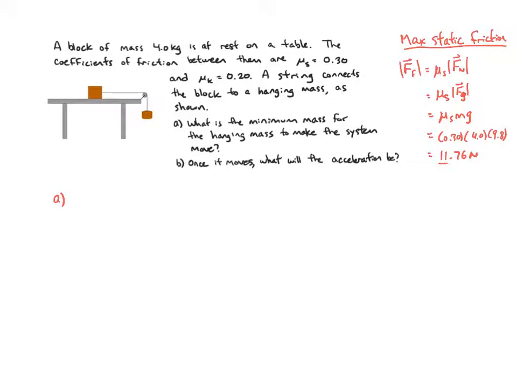All right, so I'll write that down. Fg for the hanging mass must overcome the static friction, which we just calculated, which was 11.76 newtons.